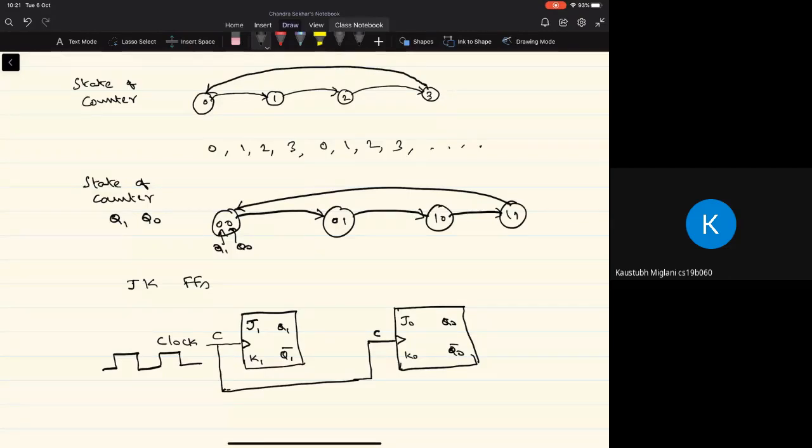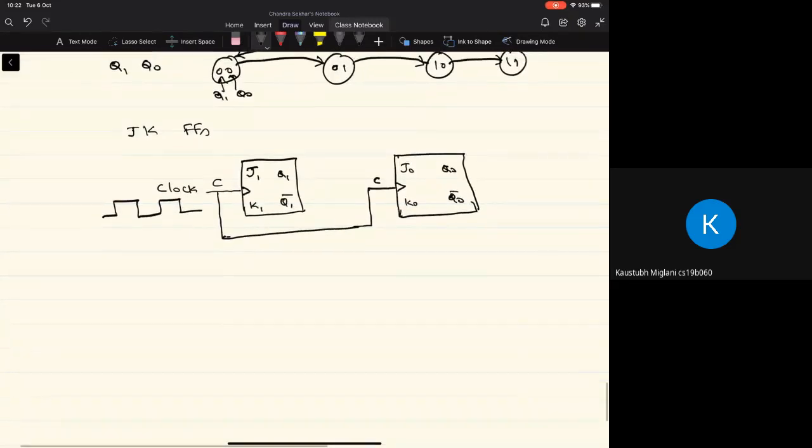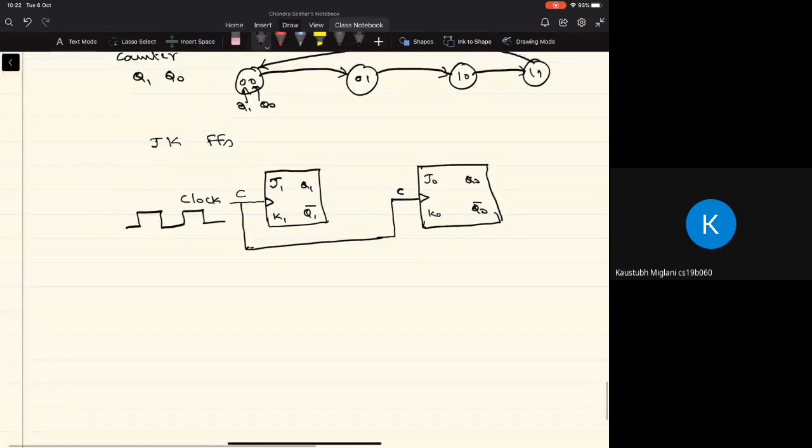Then we have come up with the circuit in terms of flip-flops, where only the number of flip-flops is specified, right? And it's indicated that it's a synchronous sequential circuit by connecting the clock inputs to the same control signal. The next thing that we need to do is come up with the expressions for J1 K1 and J0 K0, right? Which, as we'll quickly see, will be dependent on the current state of the flip-flops.